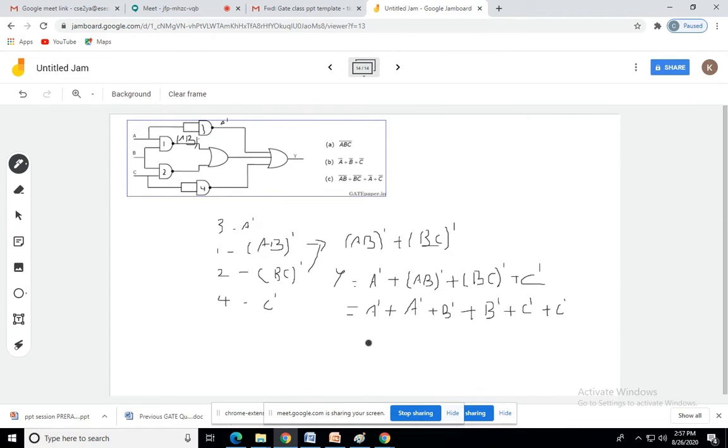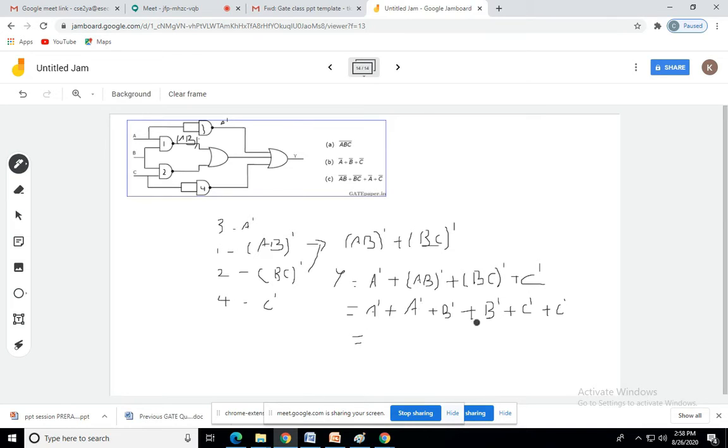Okay. So already we found the final expression as A dash plus AB whole dash plus BC whole dash plus C dash. Do you have this option? Yes, option C is here, but this is not the correct answer.